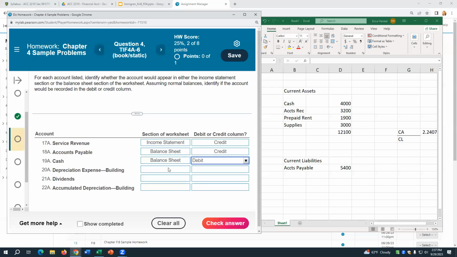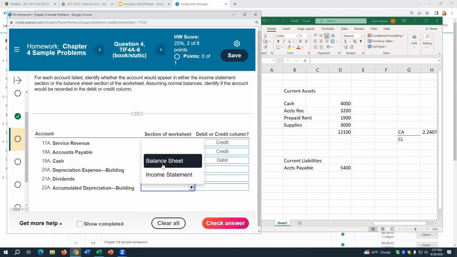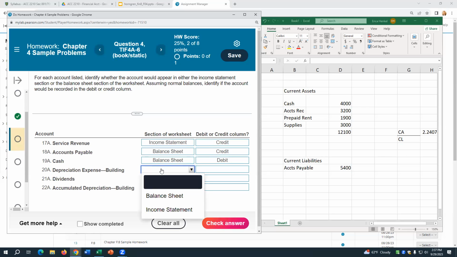So where we track it building up over time would be on the balance sheet. So accumulated depreciation. And then where we just expense the portion, like we take the little part that we're expensing and including against our income for each time period, would be our depreciation expense. And that's the income statement.